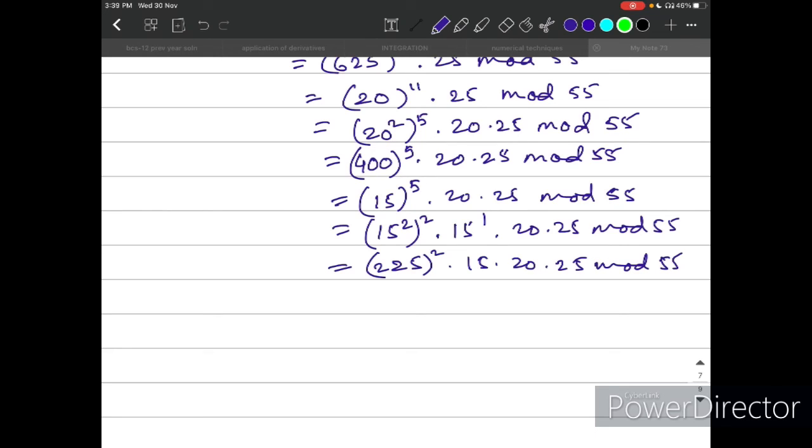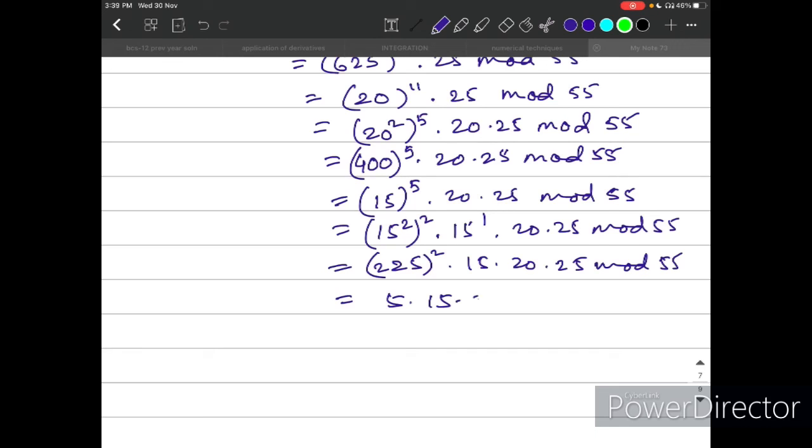Now 225, so what will be the remainder? 5 will be the remainder, I think. 55 times 4 is 220, so the remainder is 5.